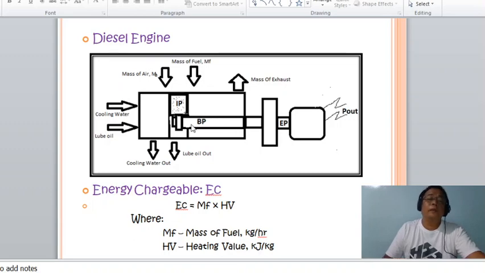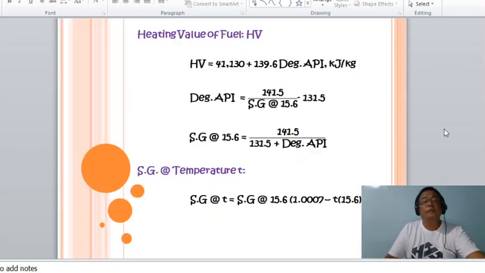The brake power now is lower than the value of the indicated power. The brake power will be delivered to the flywheel of the engine, and the generator will receive the brake power, and the power developed by the generator is called electrical power.